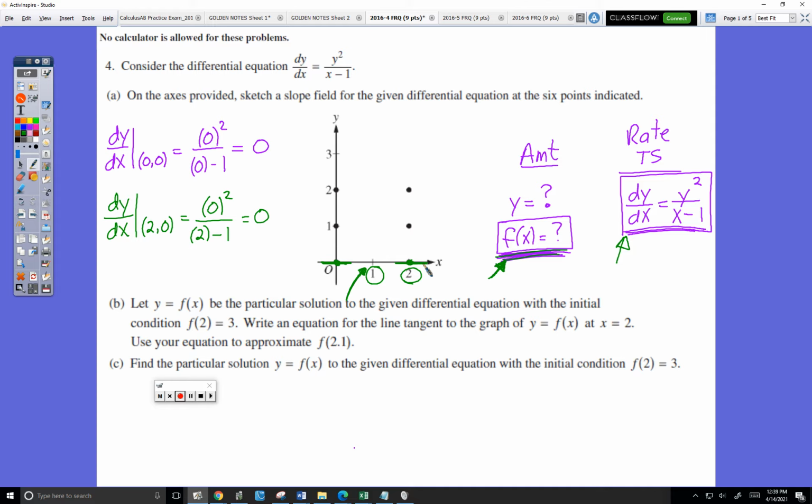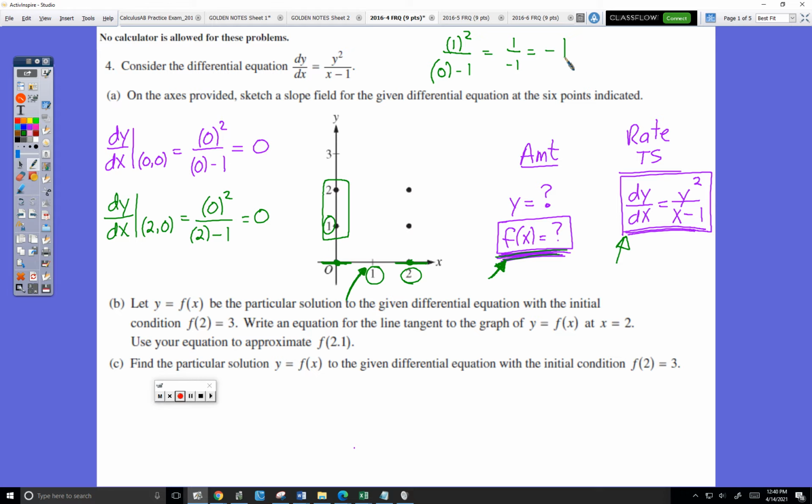We've got 4 more points to draw. Looking for some symmetry, I would notice that here the x-coordinate is 0 and the y-coordinate changes. So I don't really have to show work, I just have to show the field. Here the y-coordinate is 1, so that gets squared, and the x-coordinate is 0. That's going to be 1 all over negative 1, which is a slope of negative 1.